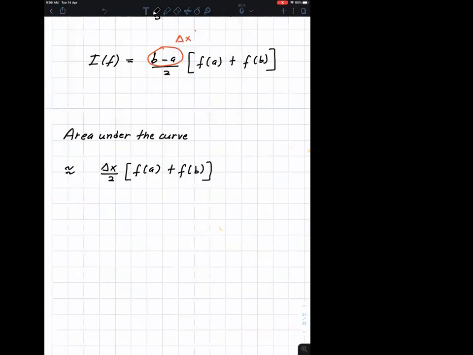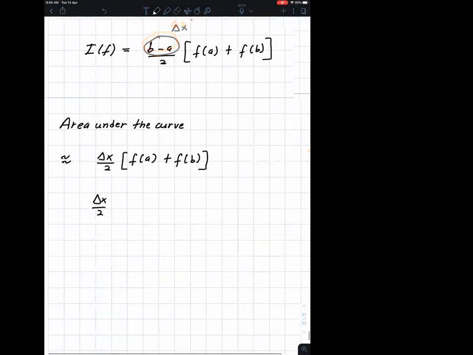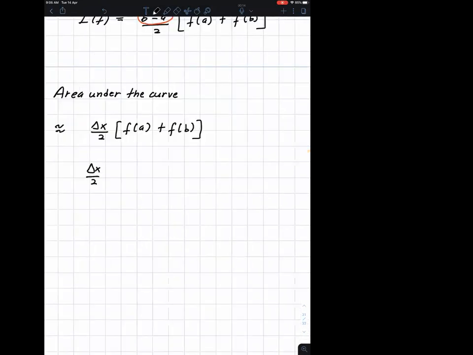Since delta x over 2 is common for all, I can just keep it outside. It's okay, I will keep it here. Delta x over 2.